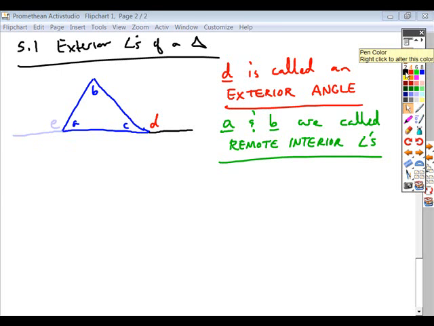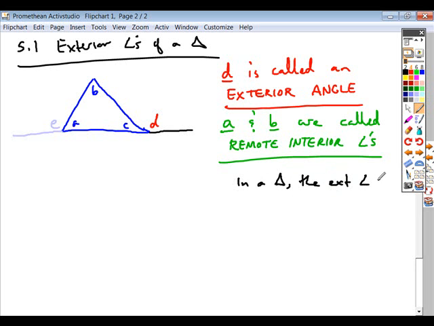Here is the relationship that exists for these. And that is, in a triangle, the exterior angle is equal to the sum of the remote interior angles.